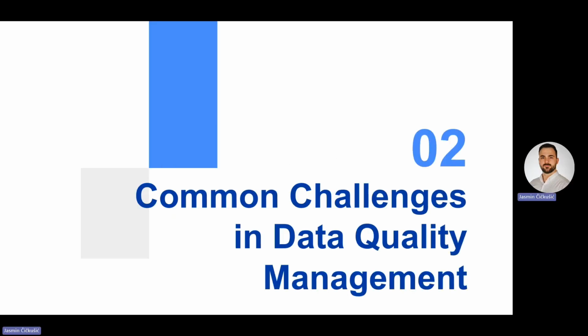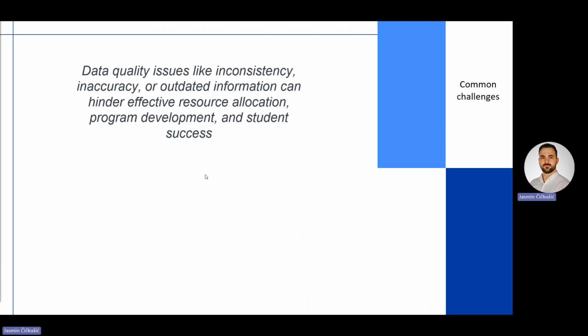Now, we'll talk about common challenges in data quality management. In today's data-driven world, universities and colleges rely more than ever on accurate and reliable information. And this data fuels critical decisions about everything from student recruitment and retention to resource allocation, program development, scheduling, etc. But what exactly is data quality?